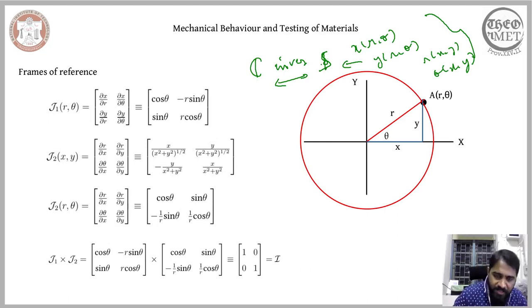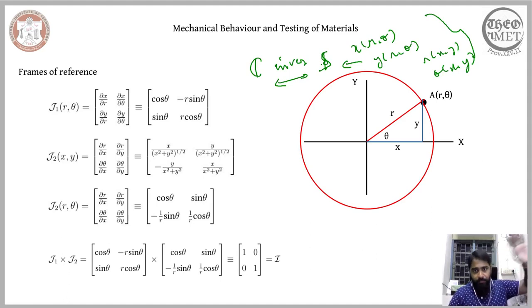In the subsequent derivation involving Jacobians, what we showed was that when we find the Jacobian of these two coordinate systems and multiply them, and the product gives an identity matrix, then we can say that these two coordinate systems are inverse of one another.